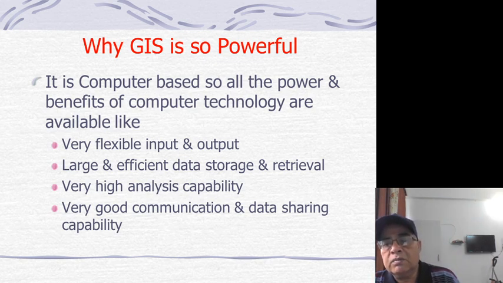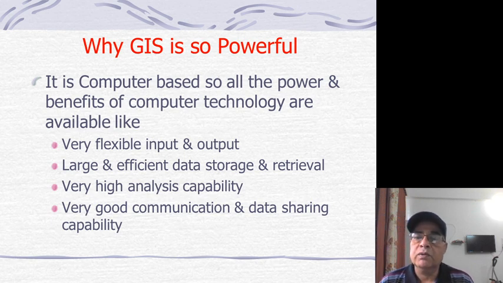When I'm talking about the input, we may have the data available to us either in the form of maps or from any other agency in the form of a soft copy. So we can use input devices, for example the keyboard, the scanner, the digitizer, to put the data into the computer, and then we can prepare whatever outputs we desire, a particular class output or a map output.